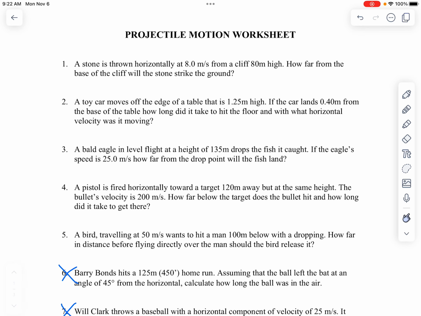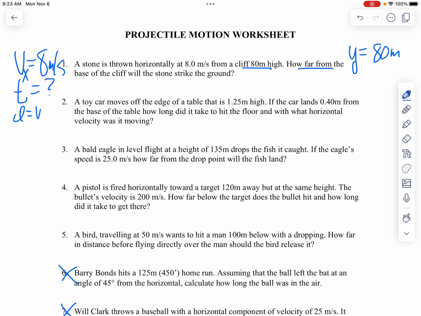A stone is thrown horizontally. So you have an initial velocity of 8 from a cliff 80 meters high, you have a y value. How far from the base of the cliff will the stone strike the ground? So you're going to need the time if you want to find distance, because distance is equal to velocity times time.